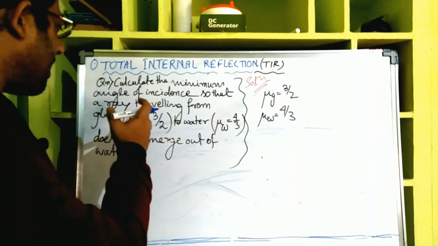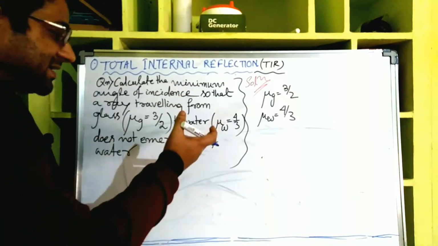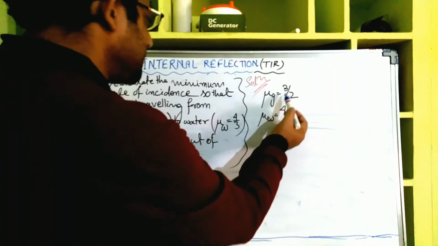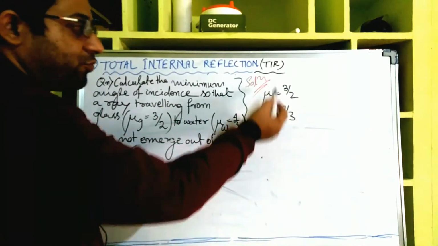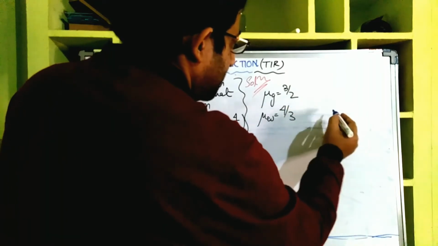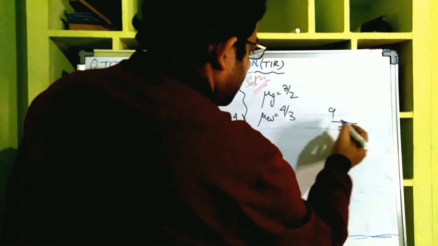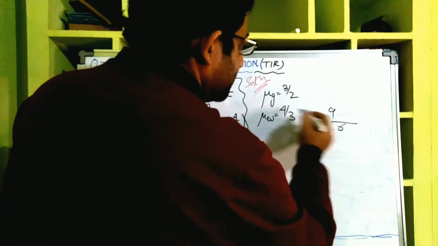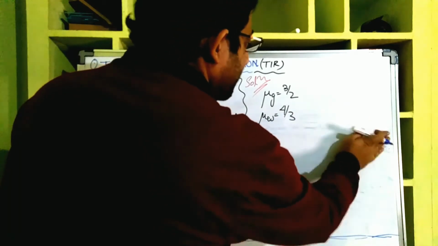Light is traveling from glass and it is coming out to water. Within these two refractive indices, which is bigger? Take 6 as LCM: 2 times 3 is 9, and 3 times 2 is 8. So refractive index of glass is bigger than water, right?